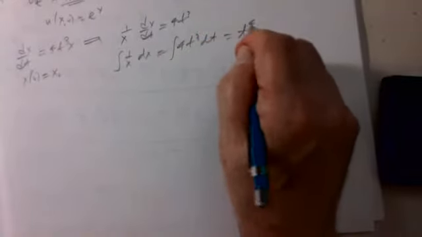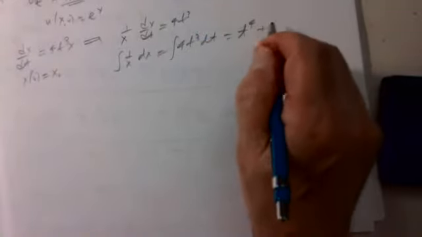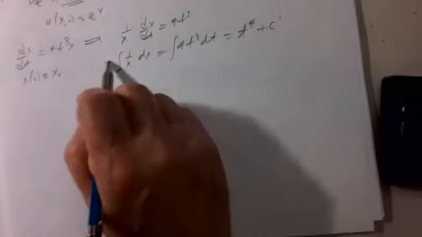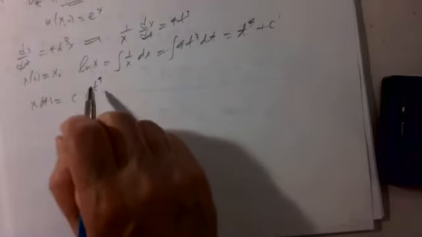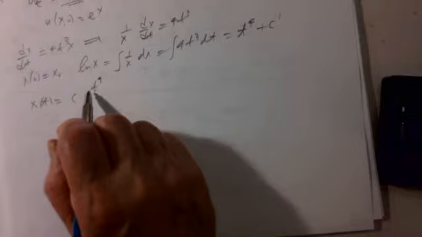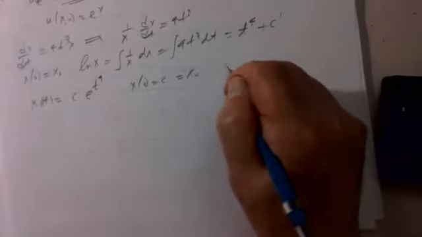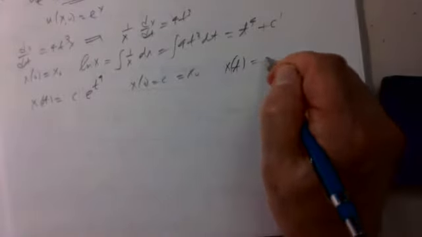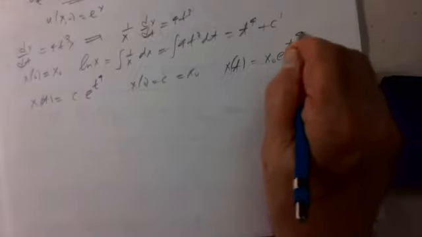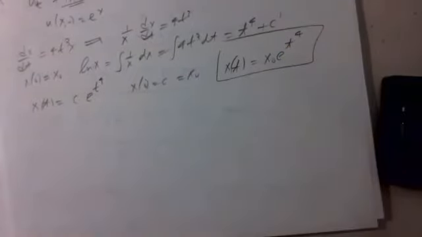This is t to the 4th plus a constant, and this is log x. So we get that x of t is equal to some constant times e to the t to the 4th. And x of 0 is the constant, that's x naught. So x of t is x naught e to the t to the 4th.